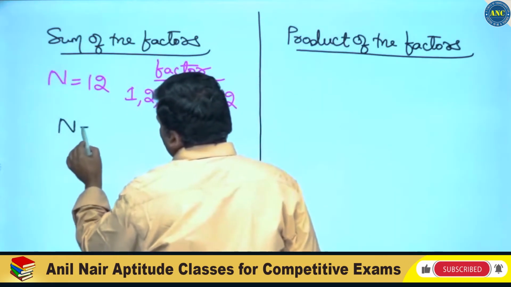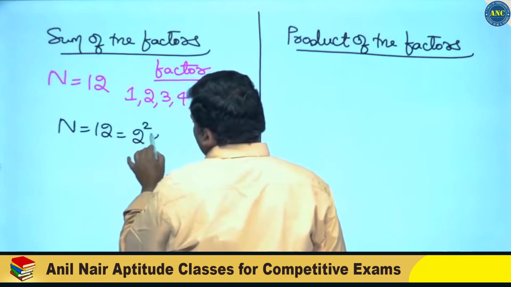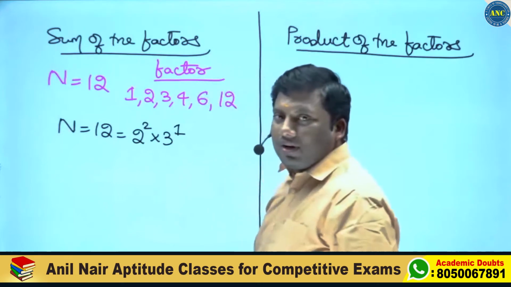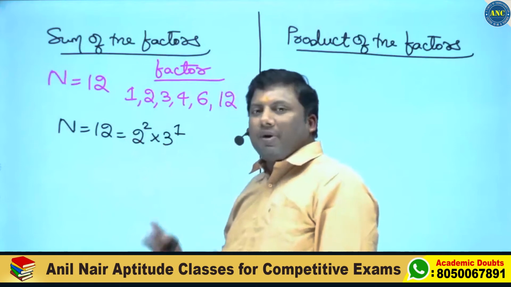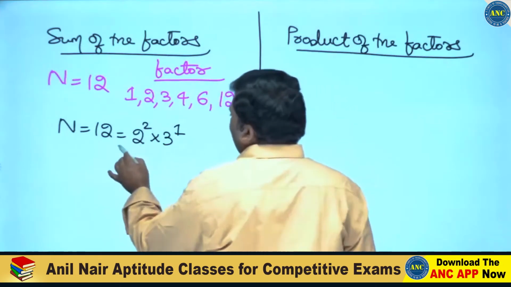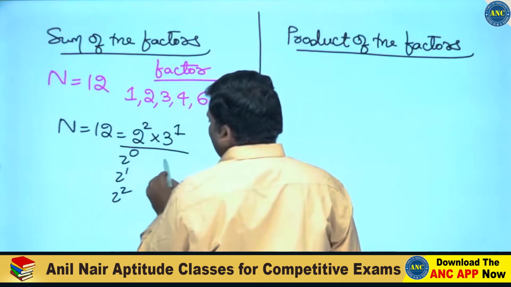N is 12. 12 is 2 square into 3 power 1. First write down, if the given number is a composite number, write the number as a power of prime bases. It is 2 square into 3 power 1. What are all the factors for this number? 2 power 0, 2 power 1, 2 power 2.